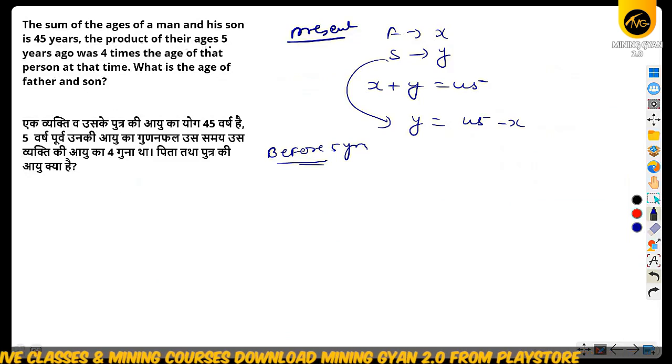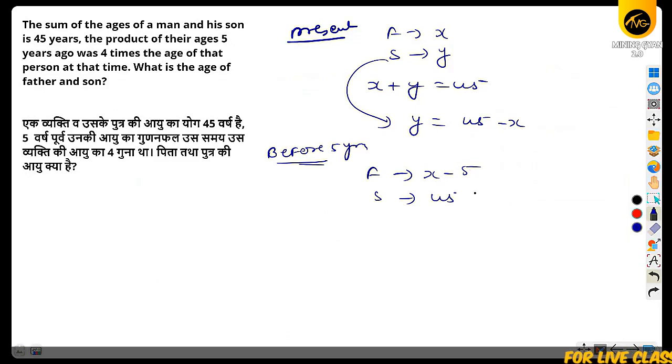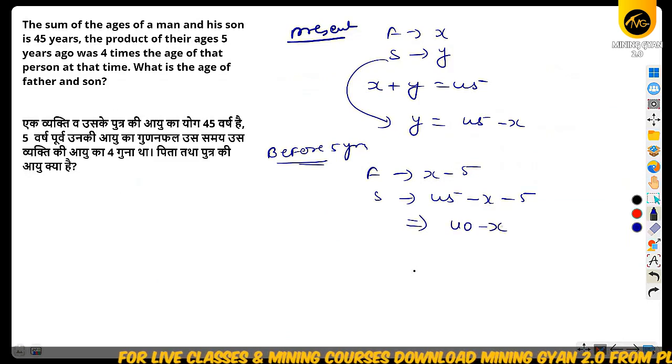So before 5 years, father's age will be x minus 5 and son's age will be 45 minus x minus 5, so it will be 40 minus x. Clear? This is the condition before 5 years. Father's age will be x minus 5 and son's age will be 40 minus x.